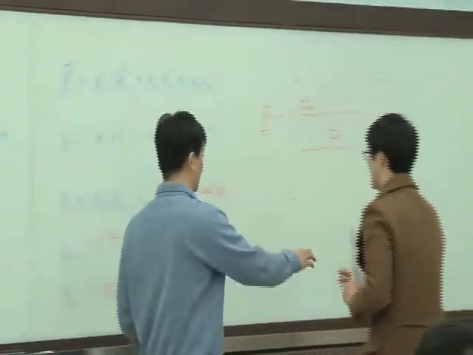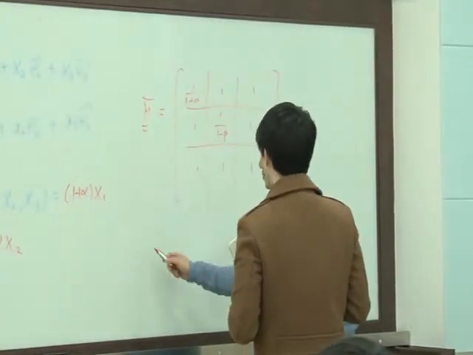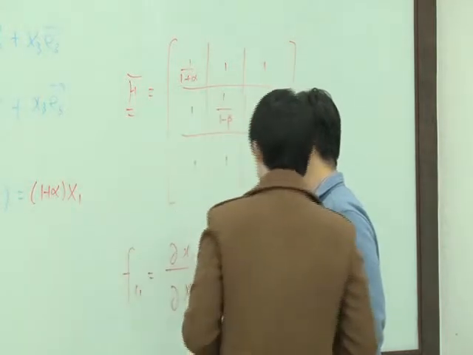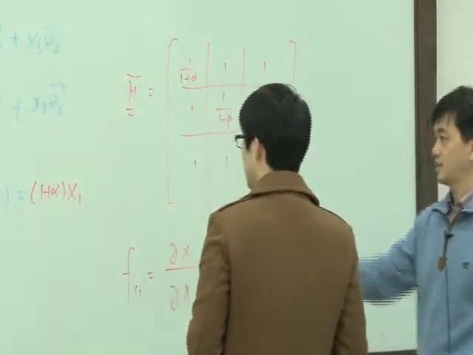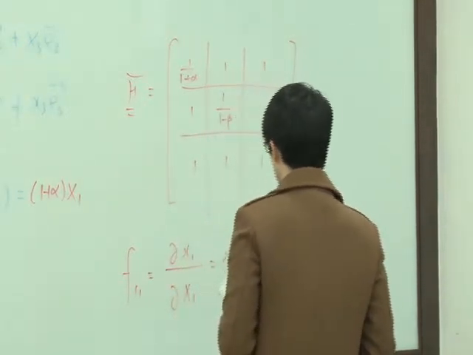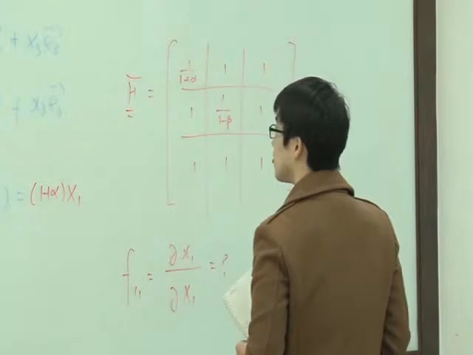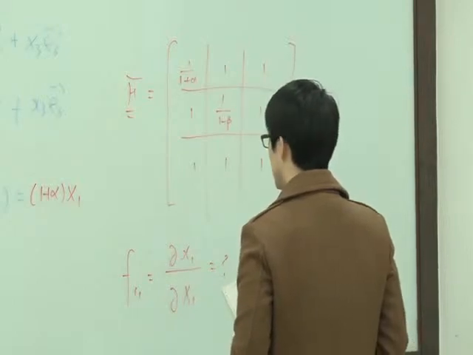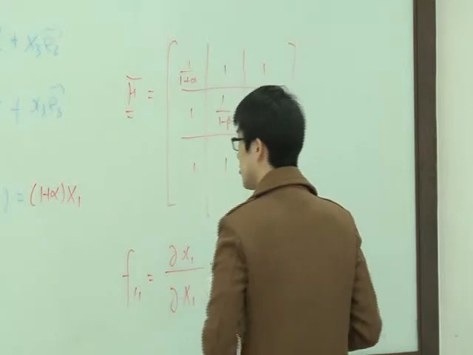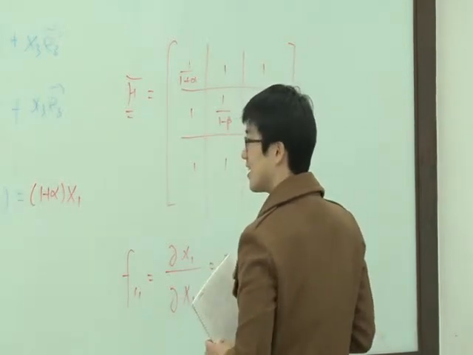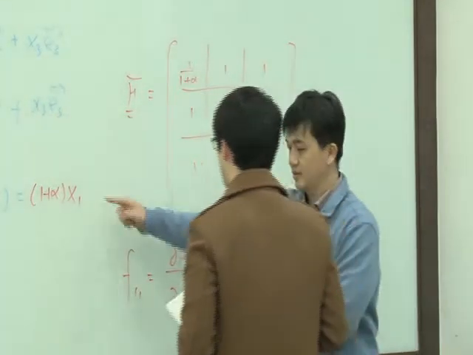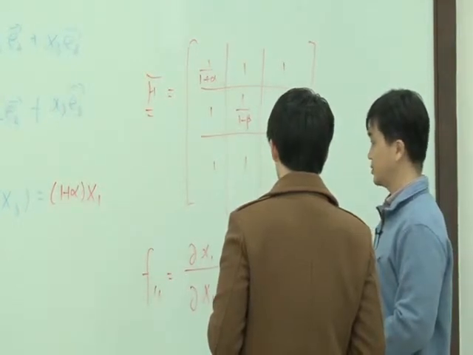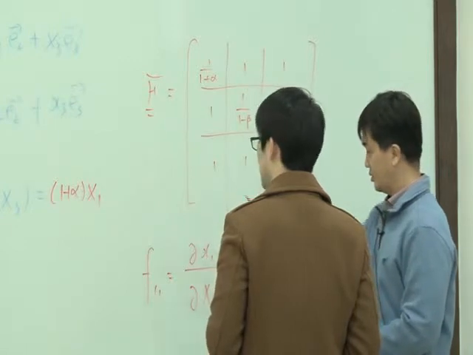Yeah, so let's look at it. So, first term, F11 equals. What's this? We have the equation over there. Yeah, this is here. Okay, so what's this? One plus alpha X1. This is X1.